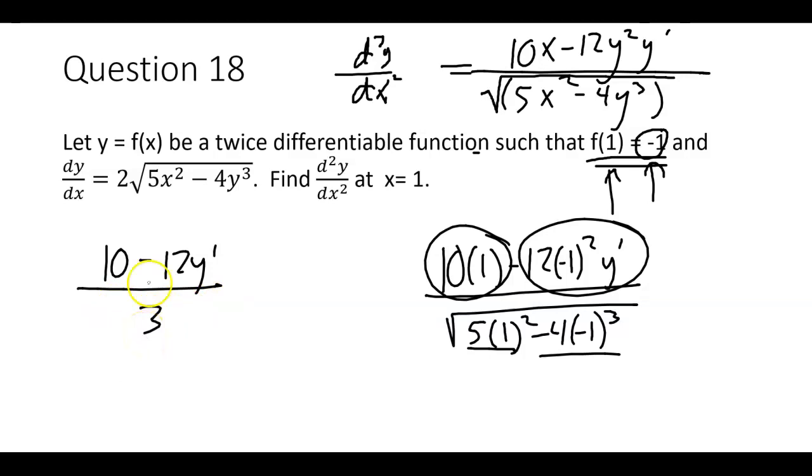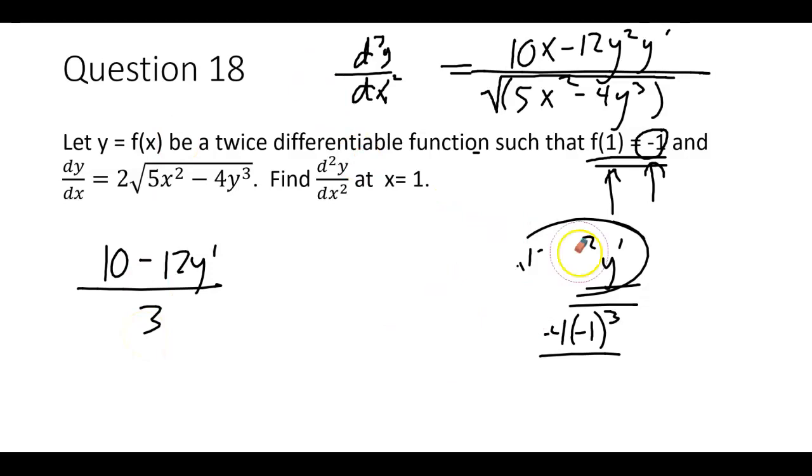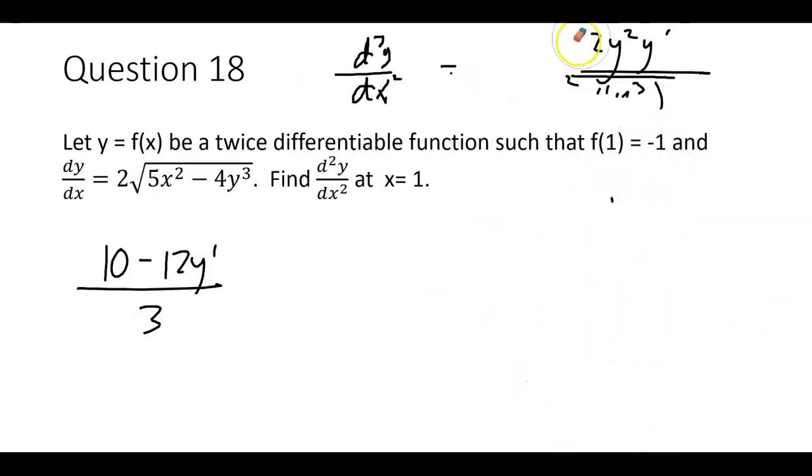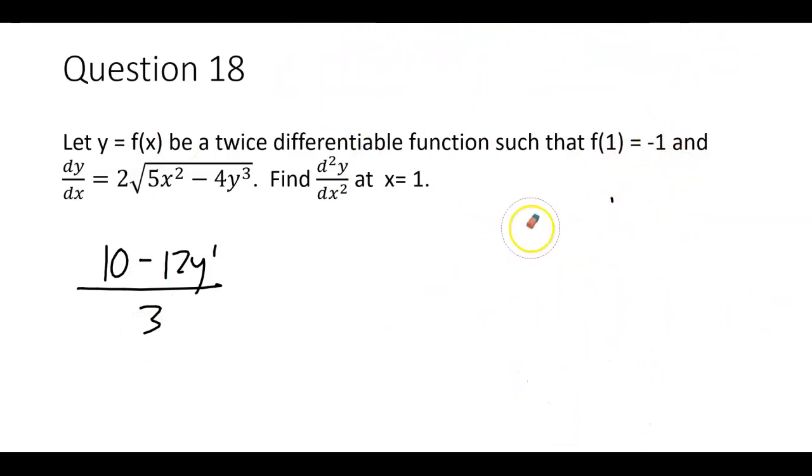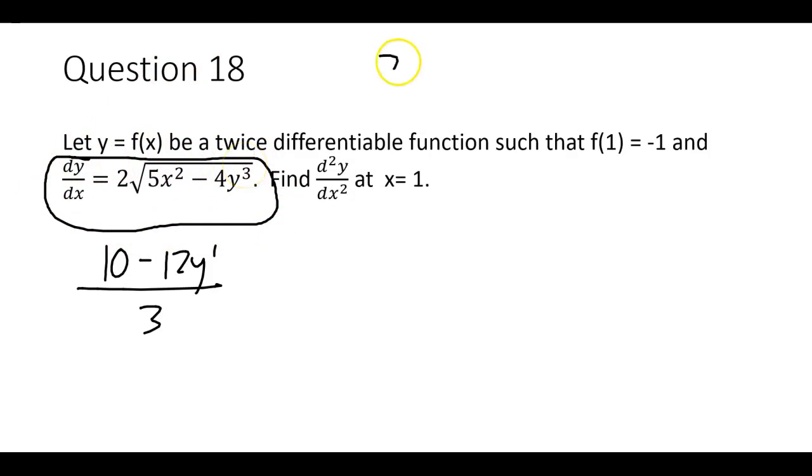All right, so now what? Well, we need to plug something in for y prime. How can we do that? Well, y prime is the first derivative, which is right here. So if I take this and I plug in 1 for x and -1 for y, then I can find out what y prime is at that point.